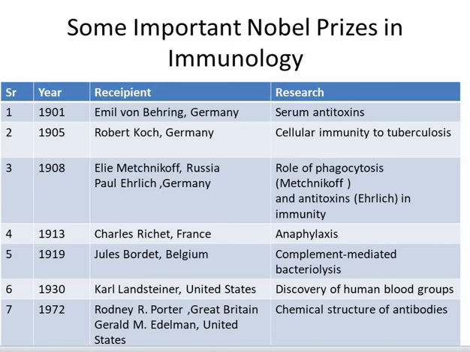The most important and milestone discovery of human blood groups was made by Karl Landsteiner, for which he was awarded the Nobel Prize in 1930. In 1972, Rodney R. Porter from Great Britain and Gerald M. Edelman from the United States were awarded the Nobel Prize for providing the chemical structure of antibodies.